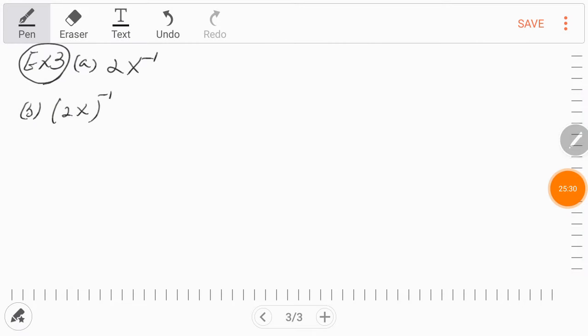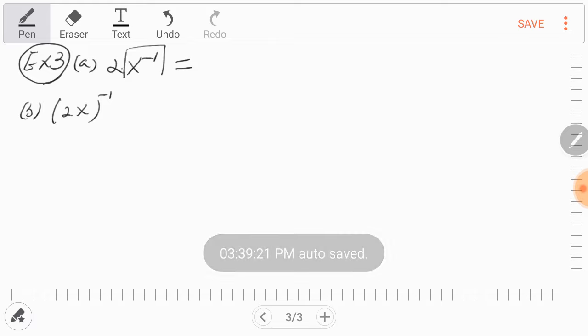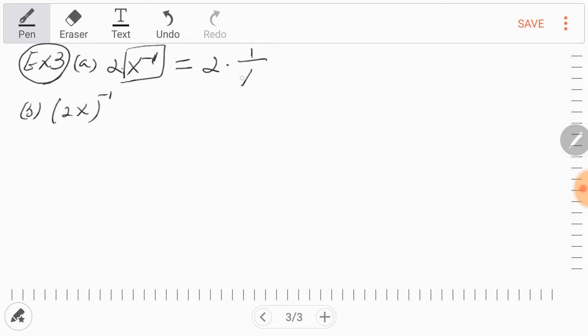Okay, in this example 3, the expressions in A and B look similar, but they are different actually. So the first one is a product of 2 and the exponential form. So 2 times x to the negative 1, you can move it to the denominator, then x to the first power, then the numerator is 2, then the denominator is x.